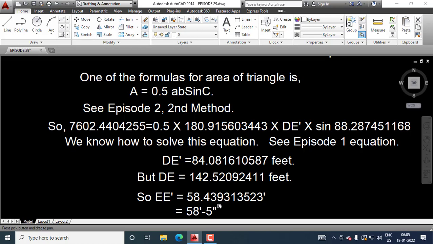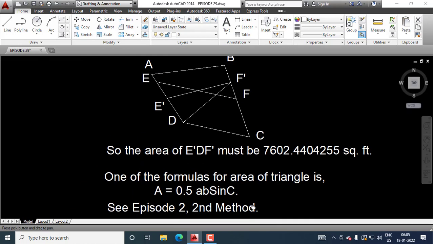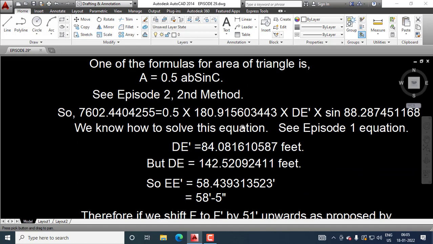This is 58.439,313,523 feet. We know DE and we know DE dash. If we deduct DE dash from DE, we get EE dash. So EE dash is this much. If we convert this decimal feet into feet and inches, we get 58 feet 5 inches roughly.